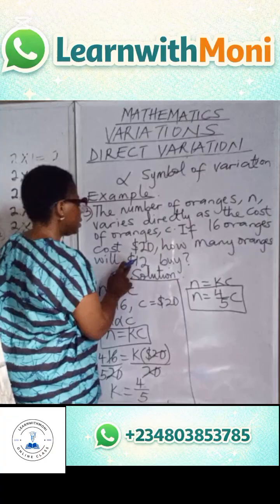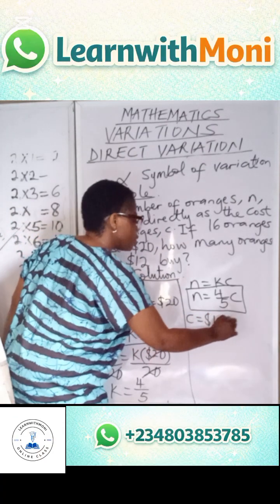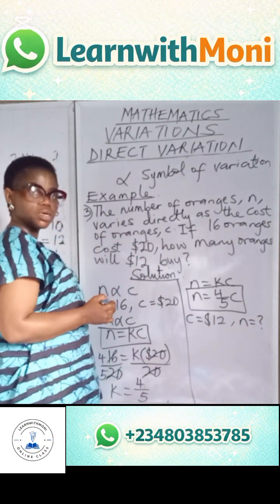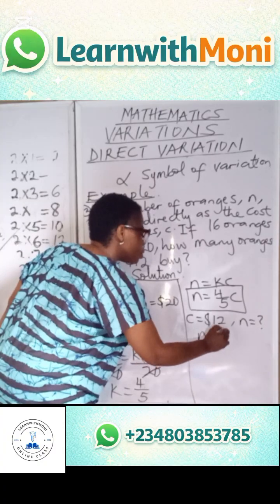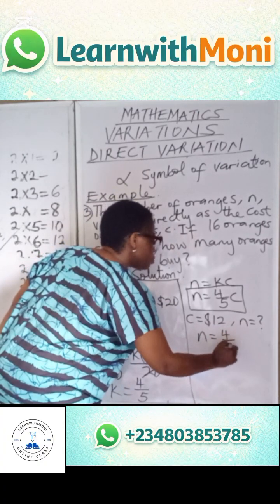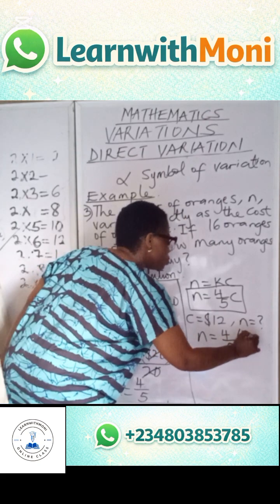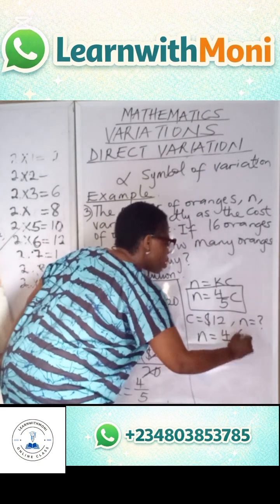When the cost is $12, what is going to be N? So let's substitute into the equation. We need to get N. We have 4 over 5. The C is $12.